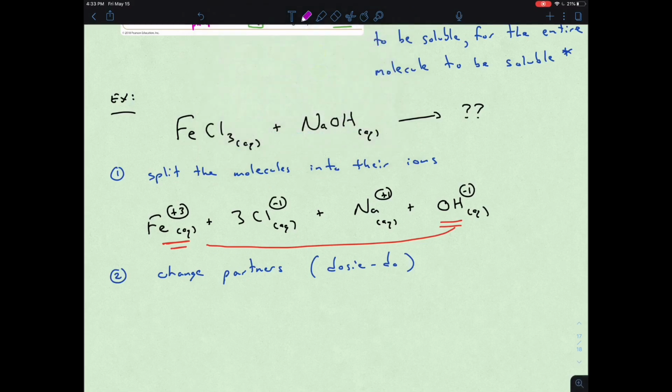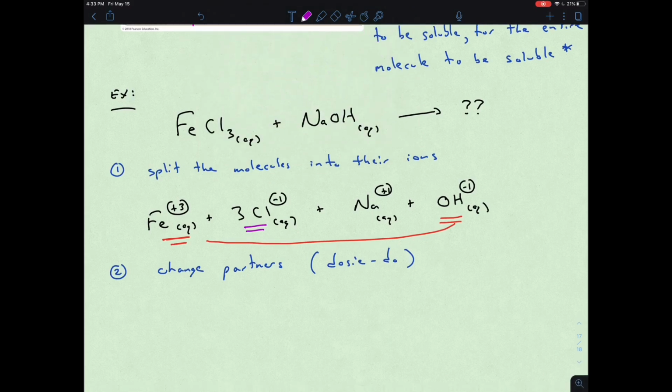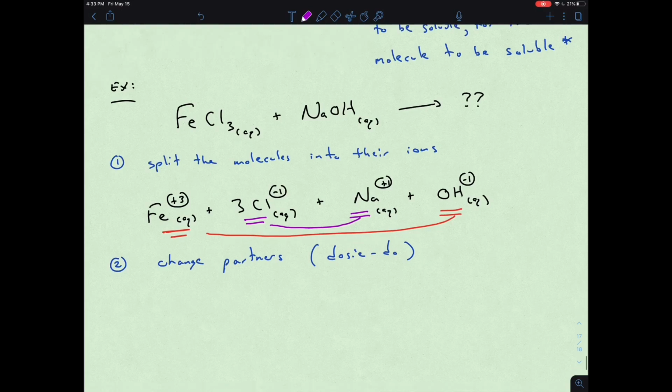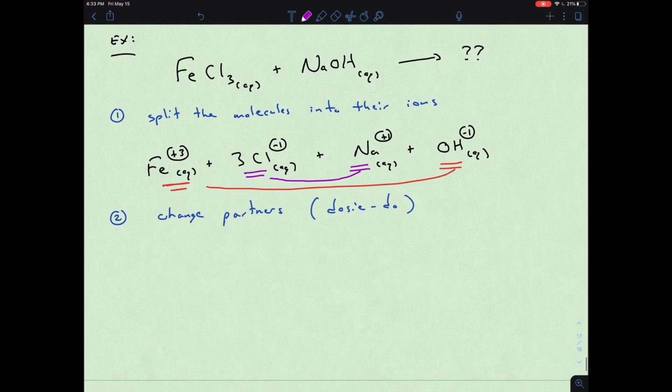And the chloride was paired with the iron originally, so now let's pair it with the sodium that we have. That's really all we're doing here, we're changing partners to predict the possible products. We would end up with iron hydroxide as one of those products.